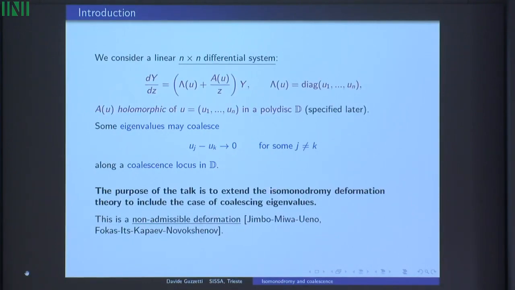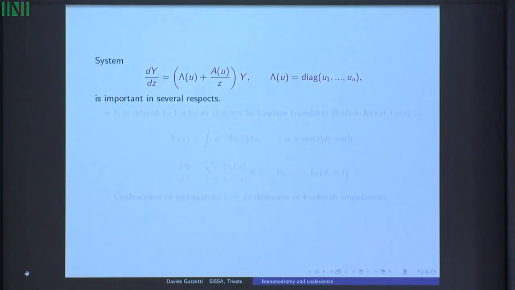As I will explain later, the standard theory of isomonodromy deformations requires that the eigenvalues are distinct. So the purpose is to extend this theory to the non-admissible case, namely when eigenvalues merge.